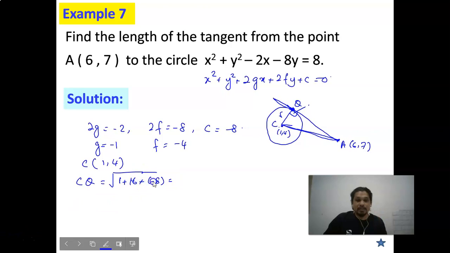Okay, so negative times negative become positive. So 16 plus 8 is 24, plus 1, 25. Square root of 25, 5.